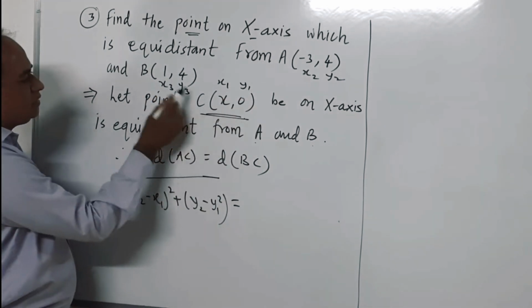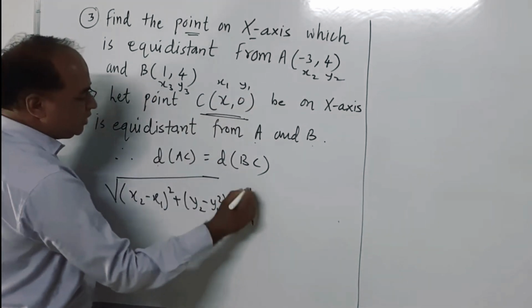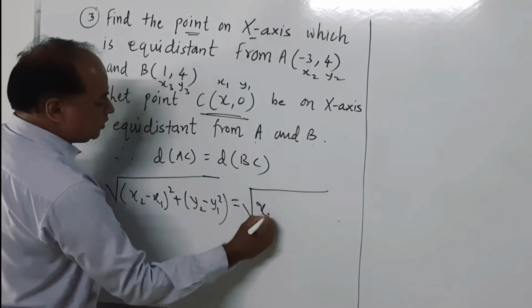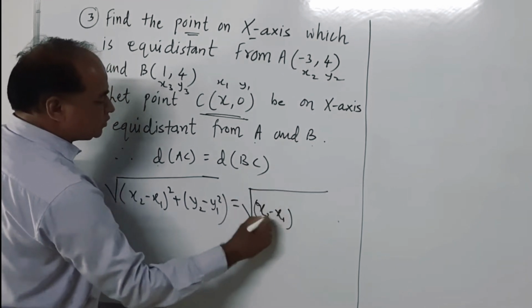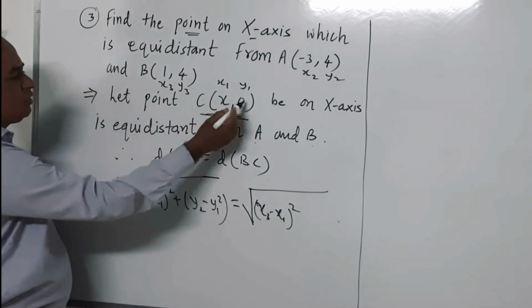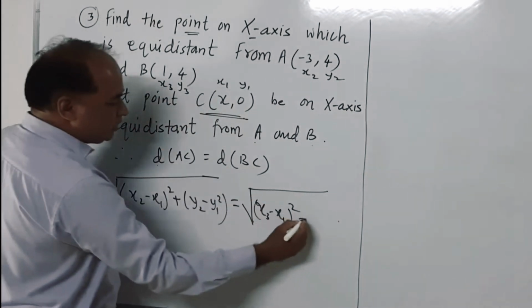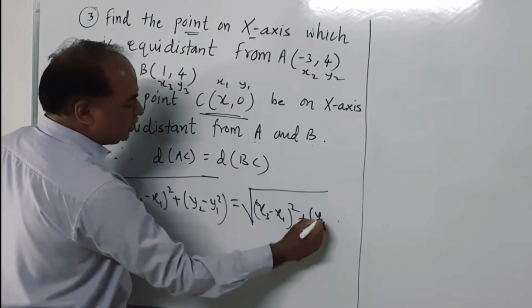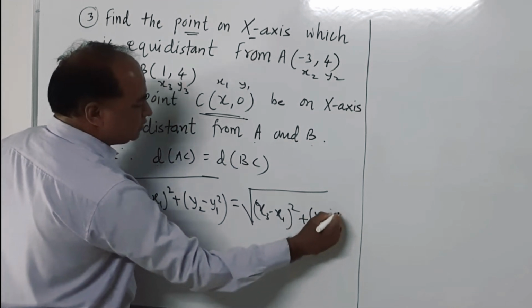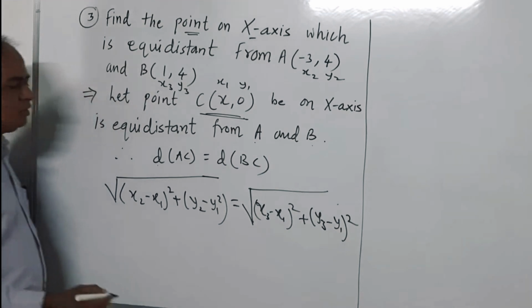Distance BC will be square root of (x3 minus x1) square plus (y3 minus y1) square.